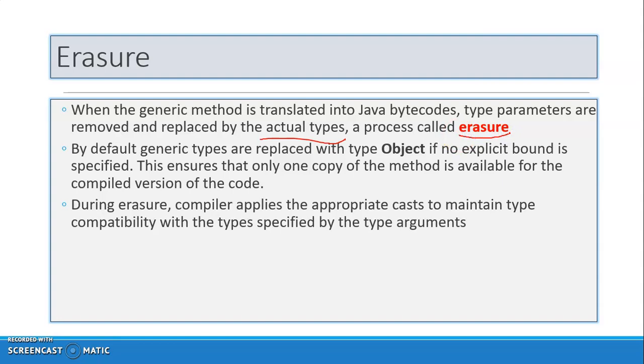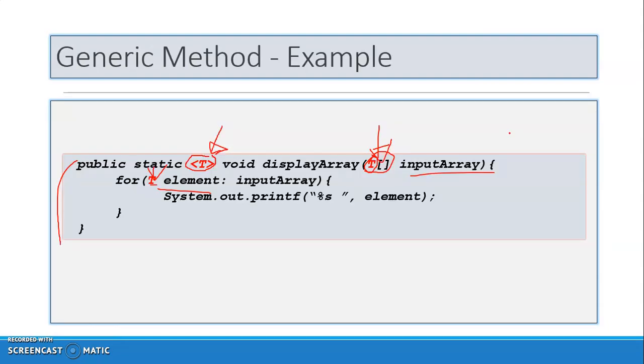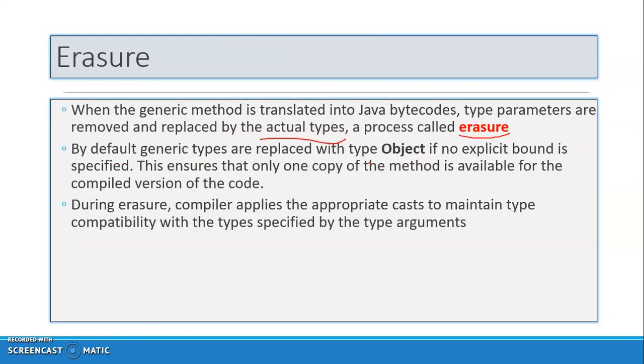But mind you, the replacing doesn't necessarily mean that T will be replaced by an integer when we are sending an array of type integer. In other languages that would be the case, but in Java it replaces those type parameters with the type Object by default.